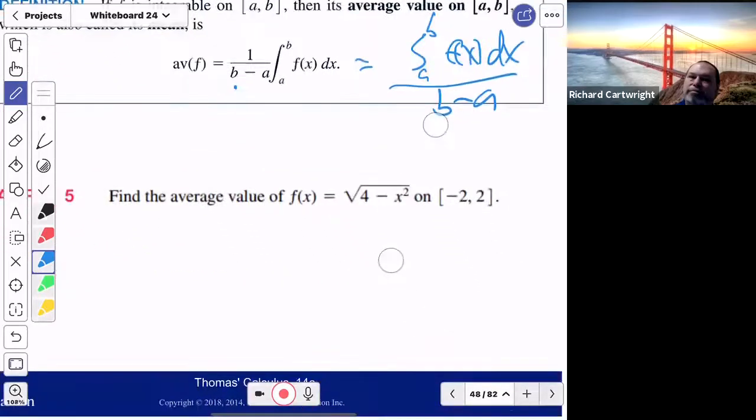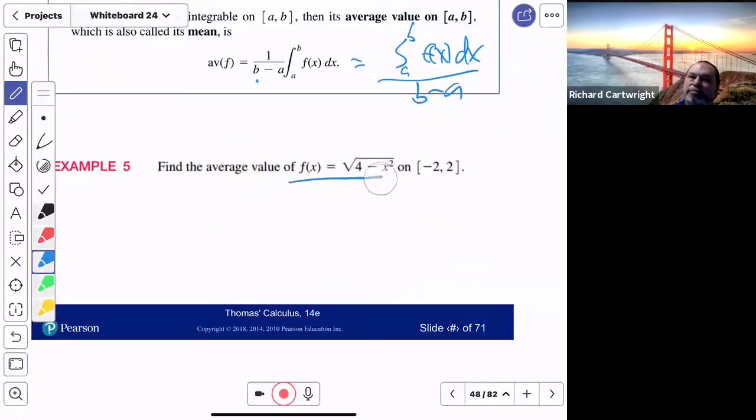So find the average value of this function from -2 to 2. Okay, I might be able to talk about that area without using calculus. Let me see. y equals the square root of 4 minus x squared.